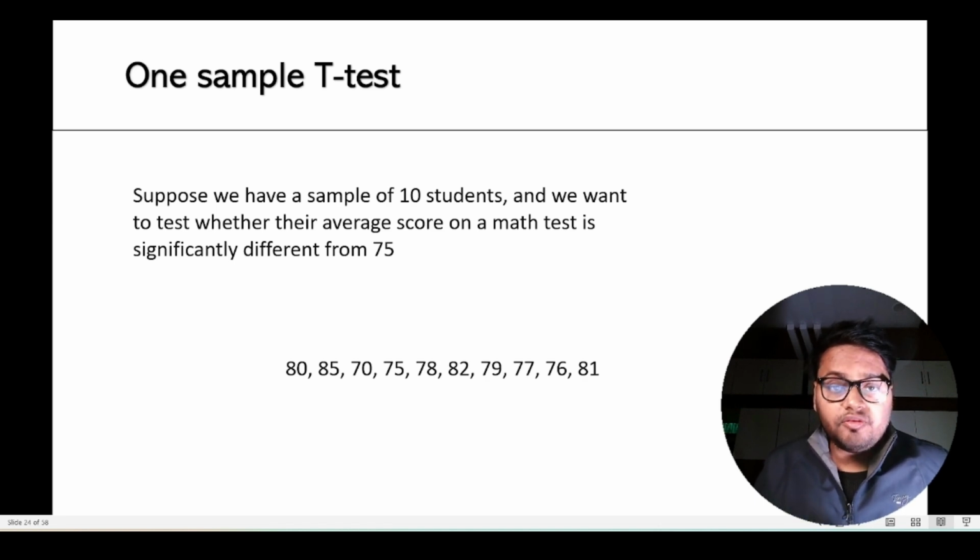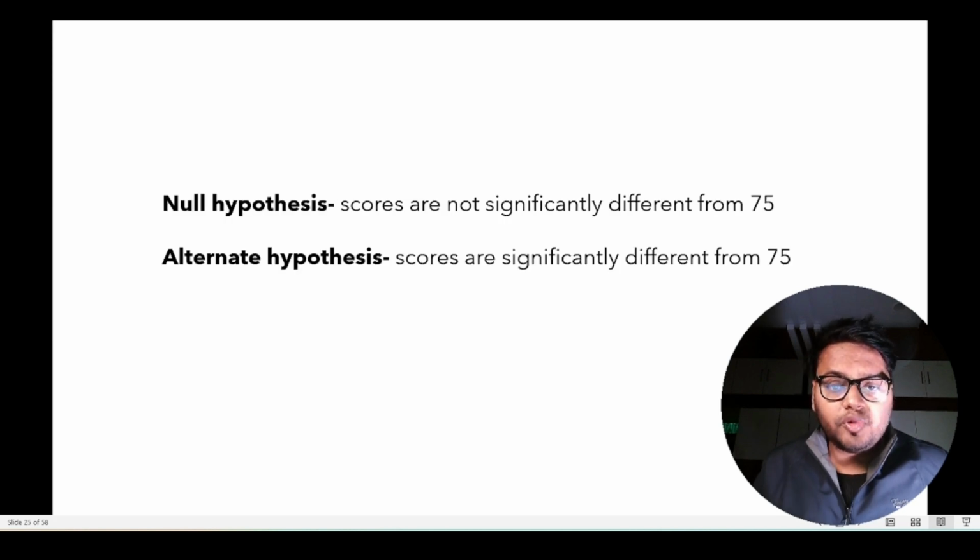The first thing that we are going to do is write our null hypothesis and alternate hypothesis. Our null hypothesis will be: scores are not significantly different from 75. Then we write our alternate hypothesis: scores are significantly different from 75.